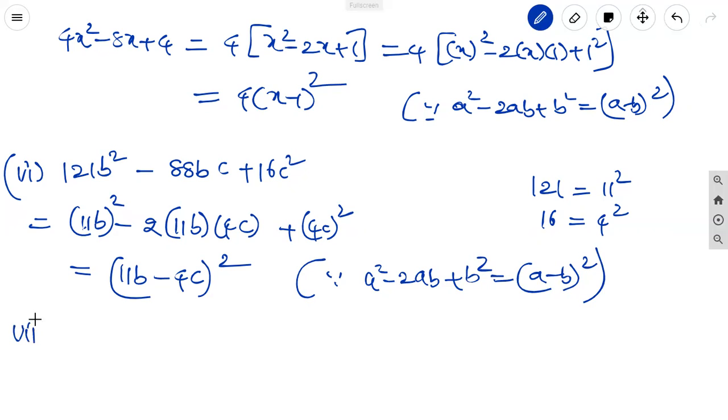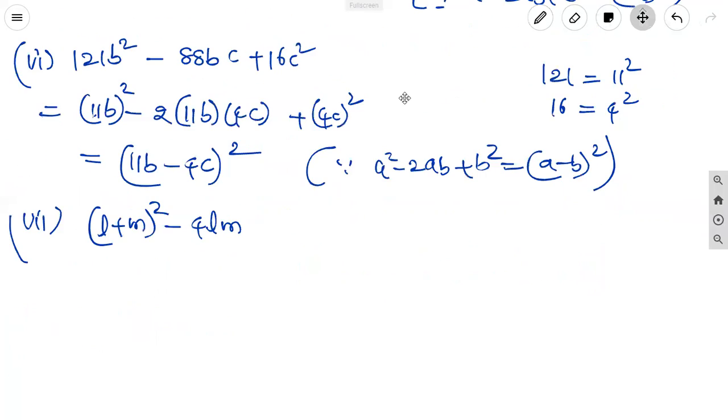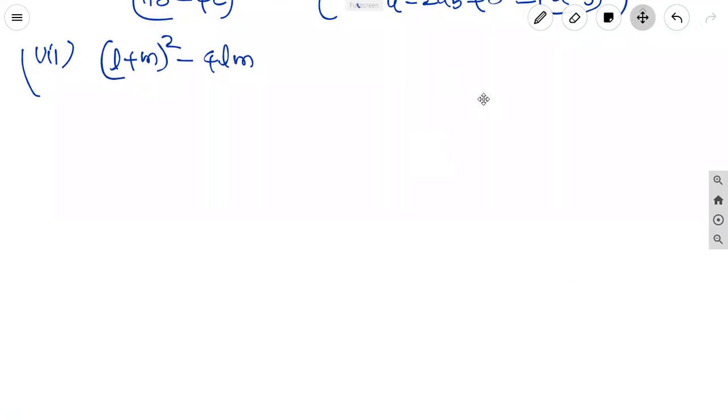Okay. Seventh one. Expand. L plus m whole square minus 4lm. That is the seventh one. First, we use the identity, that is a plus b whole square equal to a square plus 2ab plus b square.